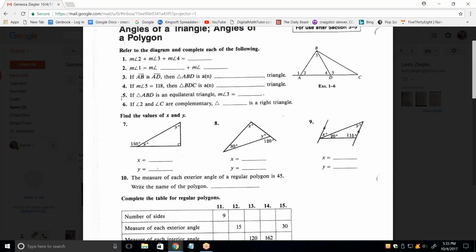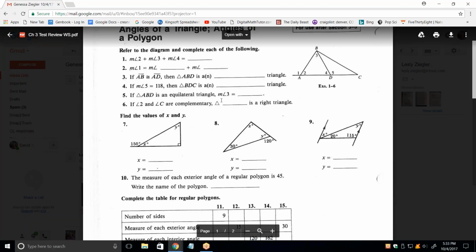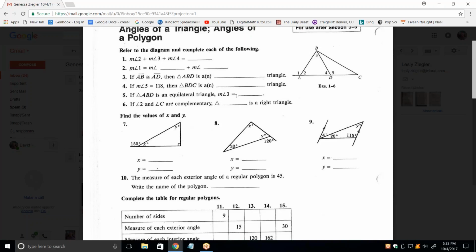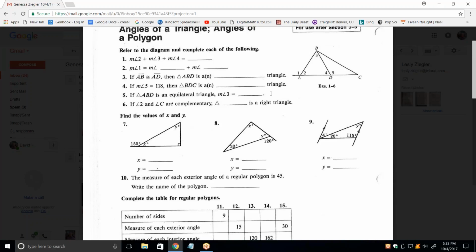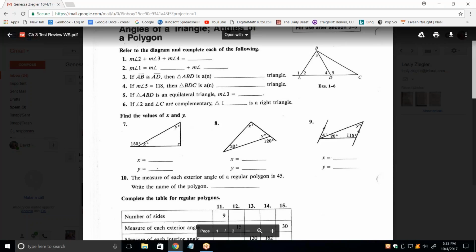And if ABD is an equilateral triangle, then angle 3 is what? 60. Correct. Notice that says if. In other words, it doesn't really tell us that it is. It just says if it were, what would that angle be?